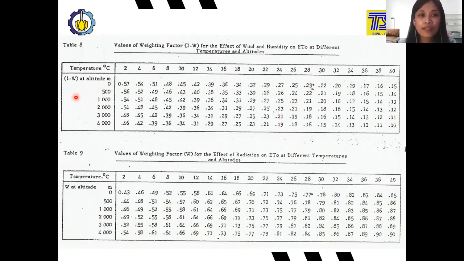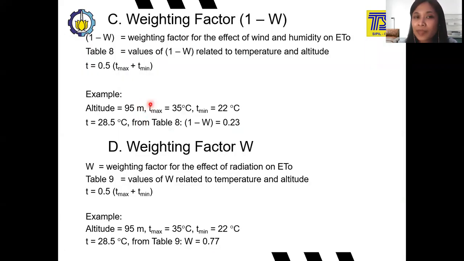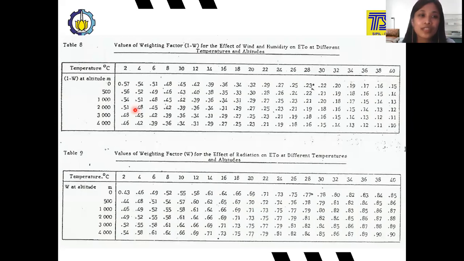And here we have the altitude of 95 meters. Of course, it's not 0, but it's far from 500, so we can use the data for the altitude of 0 meters. It's better than using the data for the altitude of 500.